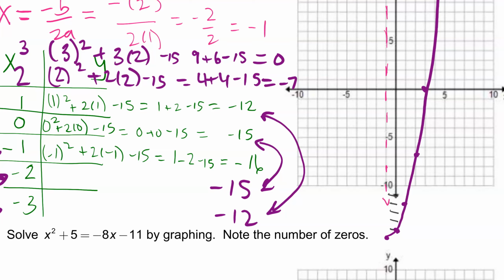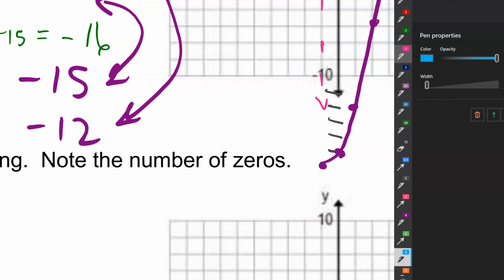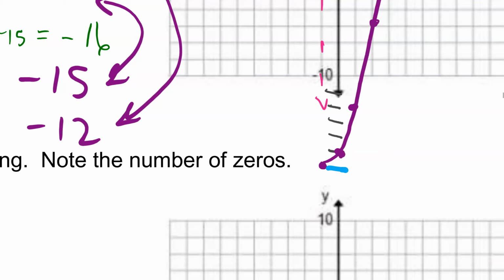Okay. How's the right half of my graph, right of the axis of symmetry, compared to the left half? How will the left half look? Same. It's going to be the same. Okay, so let me prove it to you. So you see how this is 1 over and 1 up from my axis of symmetry? It's 1 to the right and 1 up. I'm trying to draw an arrow.